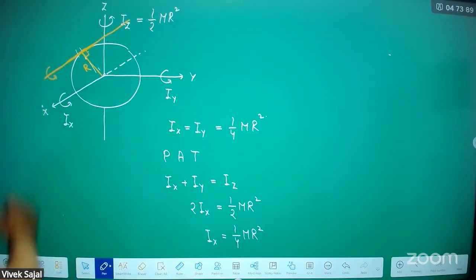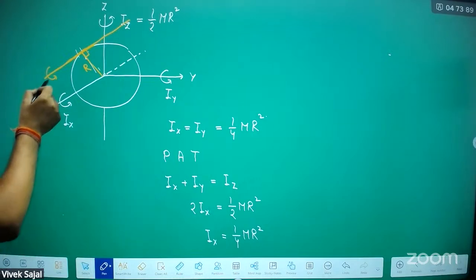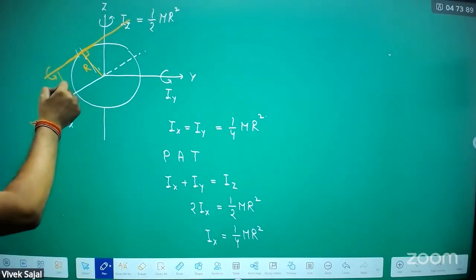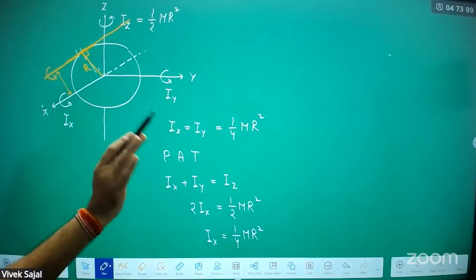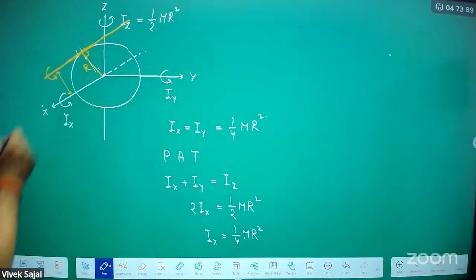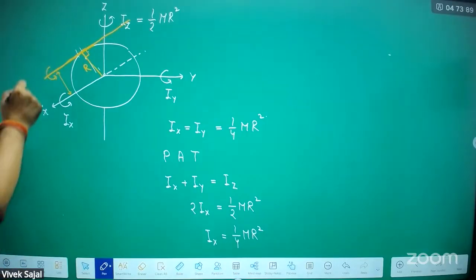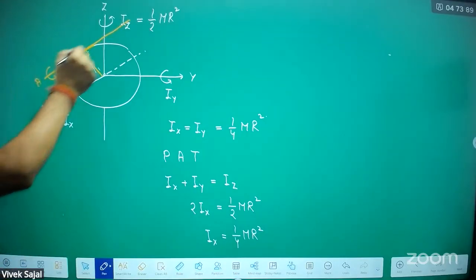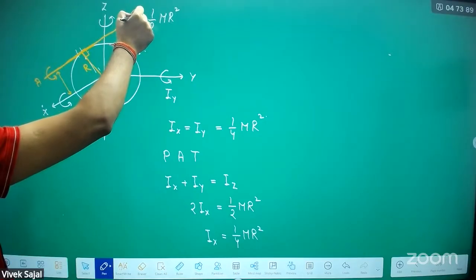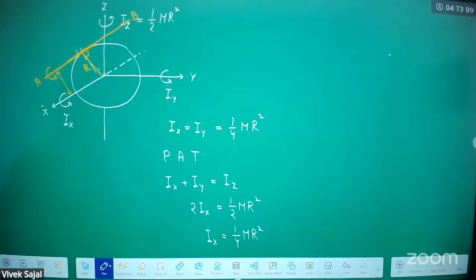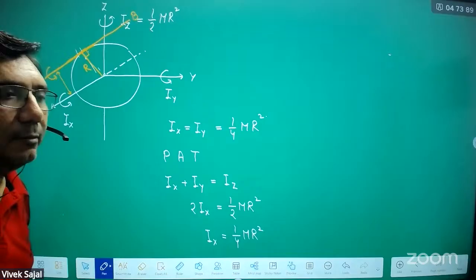What will be the moment of inertia? This axis is parallel to the x-axis, not the z-axis. This is AB, you can say. Find the moment of inertia if you rotate this disk about this AB axis.